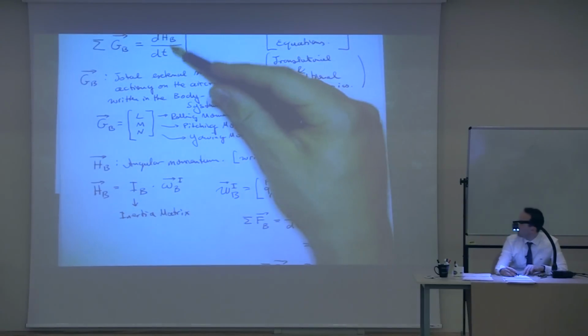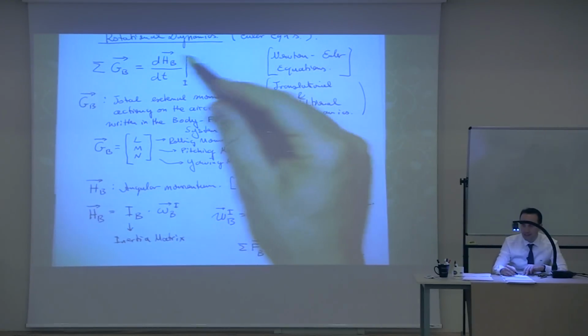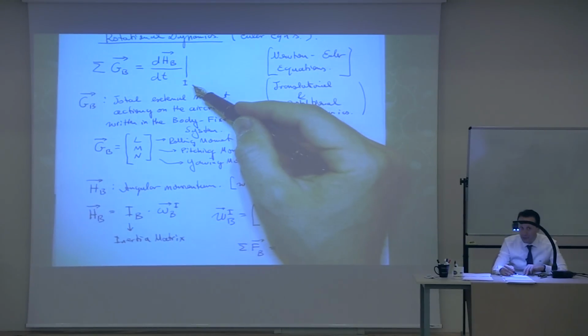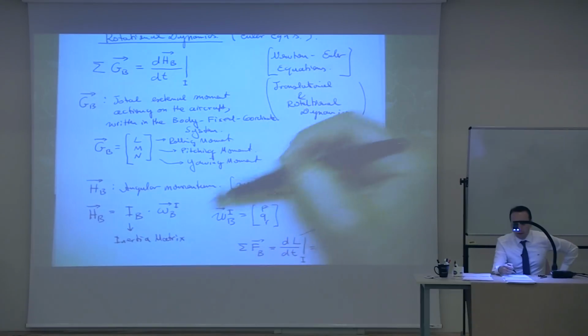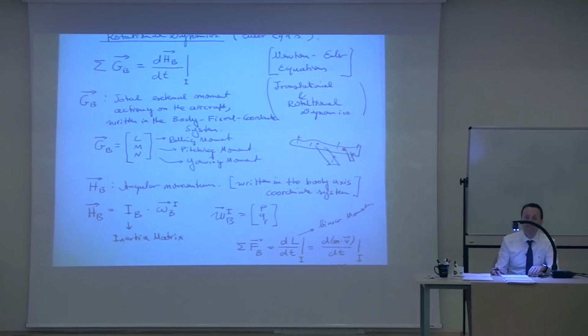Time rate of change of angular momentum gives you the total moment. And this has to be, again, done with respect to the inertial frame. So basically, these velocities here, p, q, and r, the angular velocities, have to be the angular velocities with respect to an observer in the inertial frame. Is that clear?